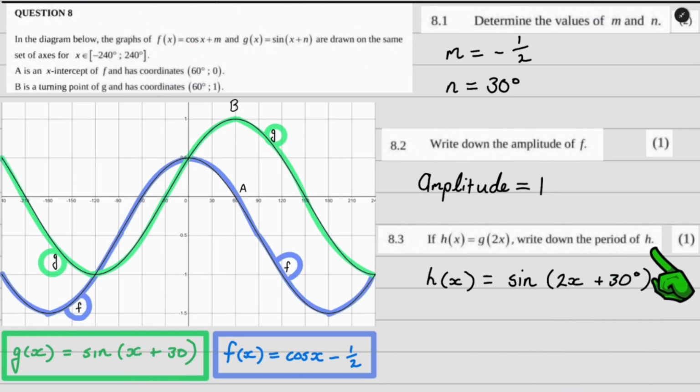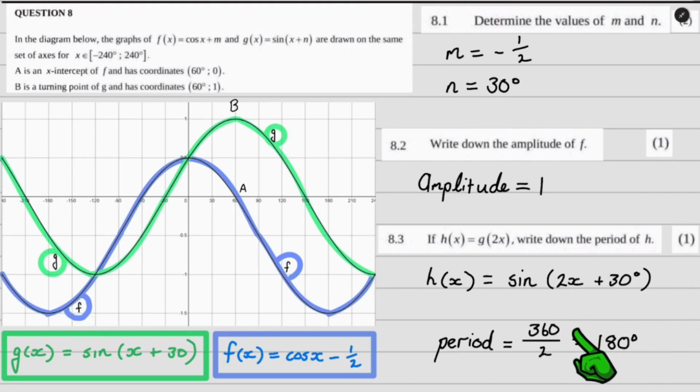Now to get the period of something, you've got to remember the period of the original graphs we were looking at earlier. Really easy to remember: sine and cos, the original graph's period is 360, and tan's period is 180. Those are stock standard. You've got to know those off by heart. So I'm going to take the original period and divide it by the number in front of x to get my new period.